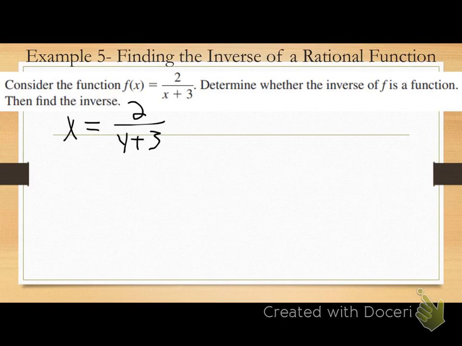Y plus 3. Yeah. I'm going to multiply by y plus 3 to get rid of my fraction. That's what Kyle said. He just said 3. I got to multiply by the whole denominator to get rid of that denominator. Okay? Whatever I do to one side, I have to do to the other.